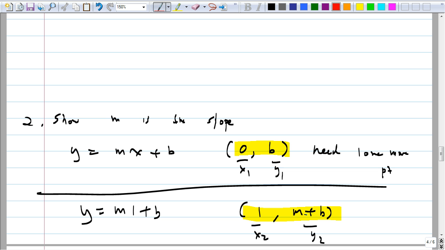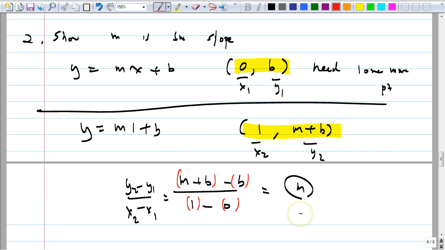Yes? Now, how do you find the slope when you have 2 points, guys? Just use the formula, y sub 2 minus y sub 1 over x sub 2 minus x sub 1. And I even labeled that for you. Go ahead, everybody, and find the slope of these 2 points of this line, y equals mx plus b. I'll wait.